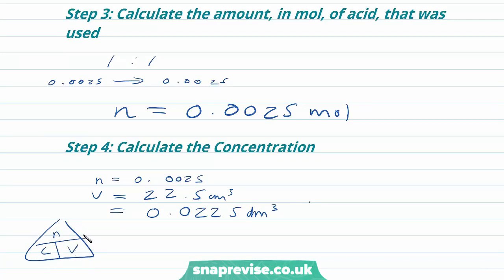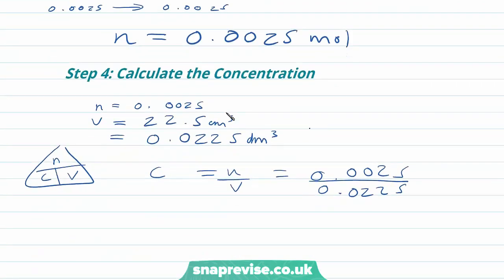The rearrangement of this equation we're going to use is that the concentration is equal to the number of moles divided by the volume. So that is 0.0025 divided by 0.0225 to give us a concentration of 0.111 moles per decimetre cubed.